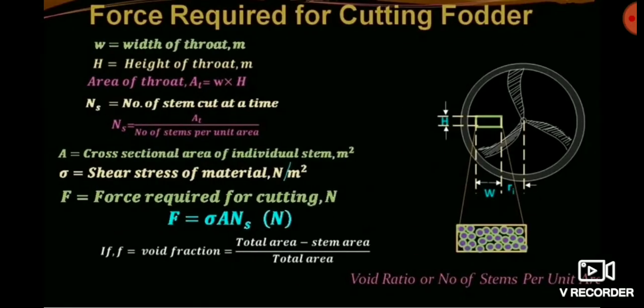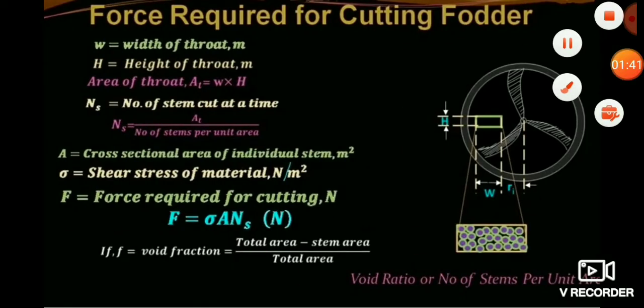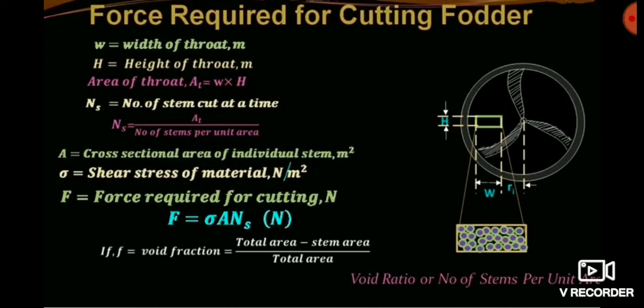That's it. Now friends, you can see the force required for cutting the fodder, means how much force is required for the fodder or silage to be cut. Force is equal to stress into area into Ns.